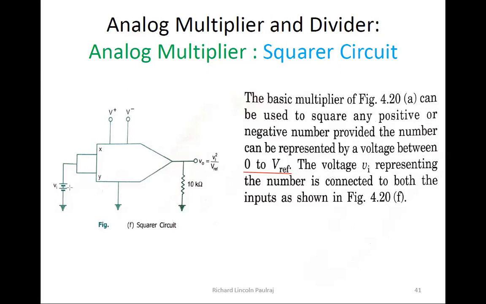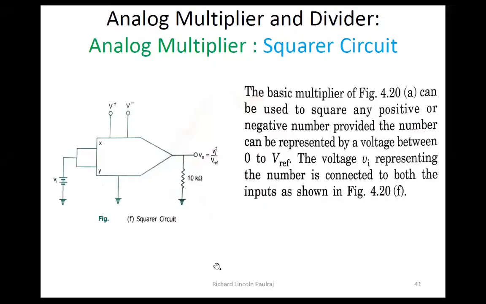The input voltage here, Vi, is the number connected to both inputs X and Y. I'm shorting both X and Y, and once they are shorted, you can see that I'm connecting them here.